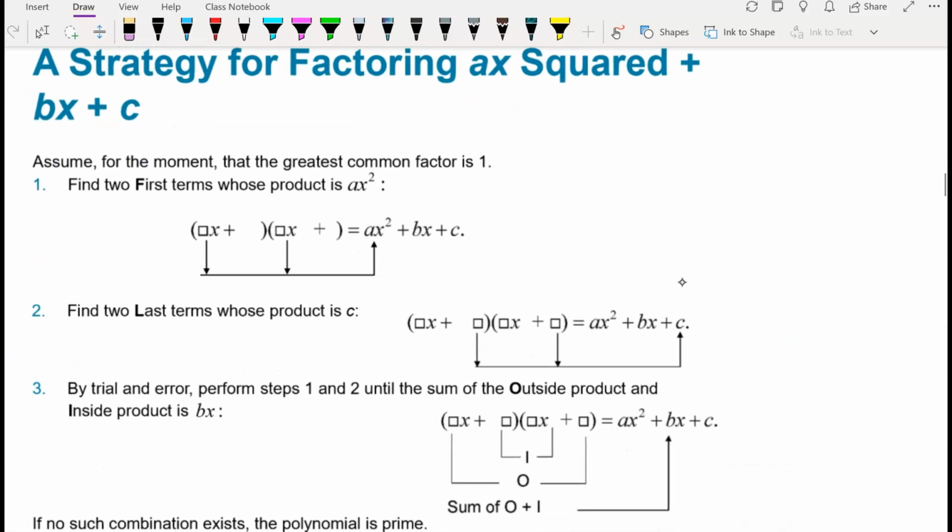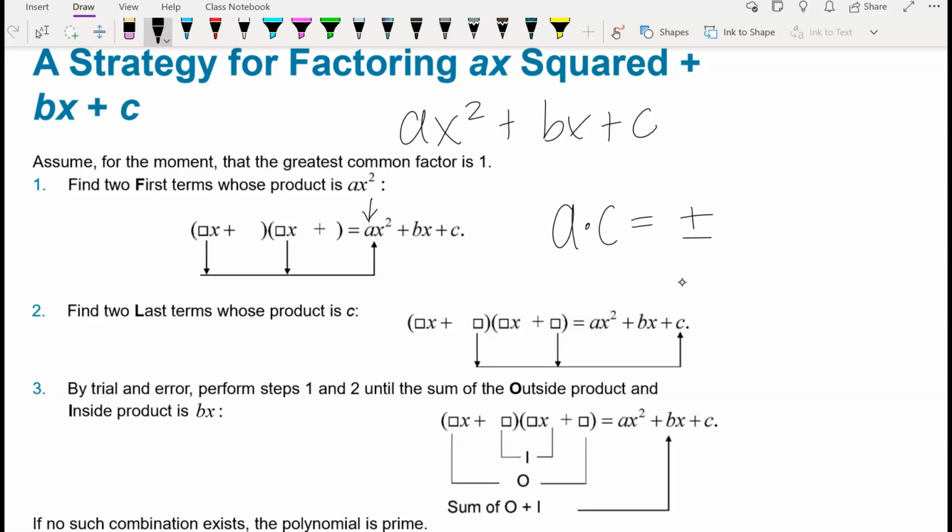All right, when a is not 1, it's a little bit different. So when you have a number in front, when it's ax squared plus bx plus c, you have to find out what a times c is, and that will add or subtract to make the b value.